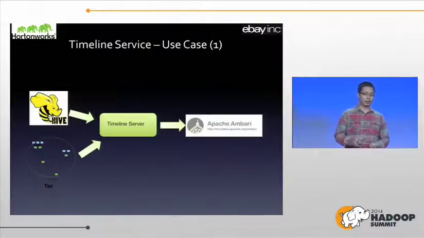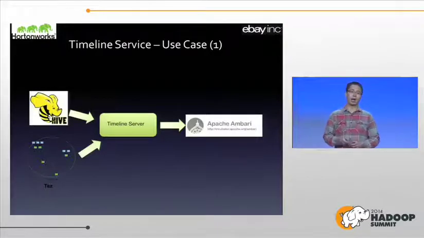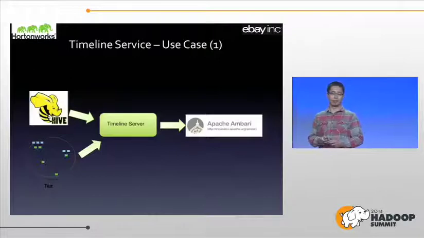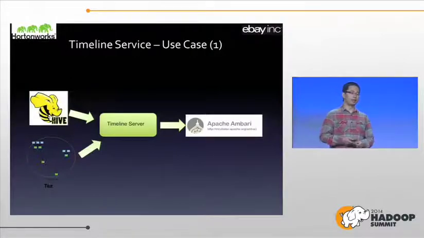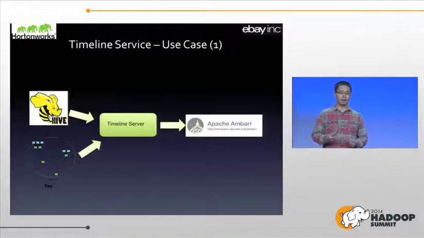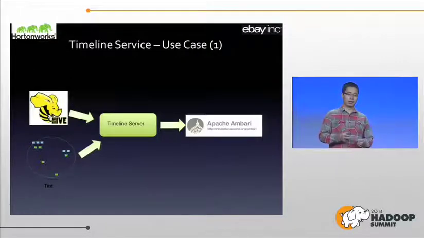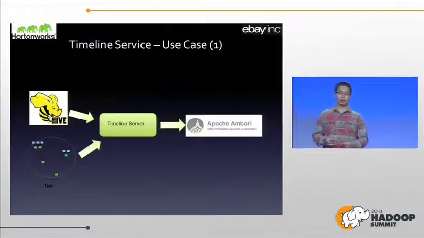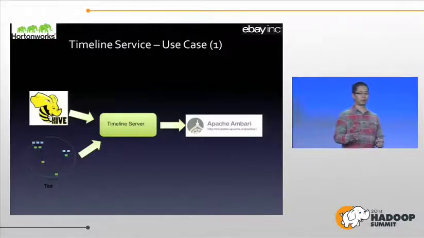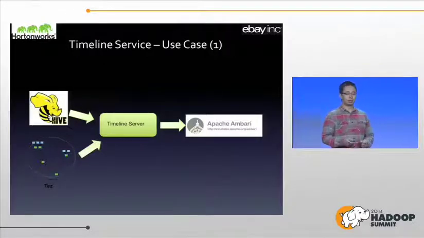What they are doing is that when a Hive job is running, the Hive client is going to send some Hive-related information to the timeline server. And if Hive is backed by the Tez engine, the Tez workflow in the Yarn cluster is also going to send some Tez information to the timeline server.